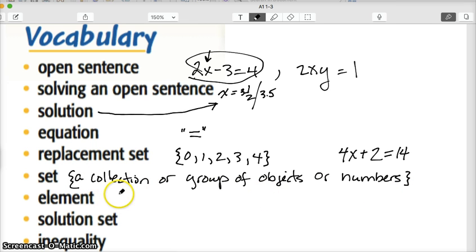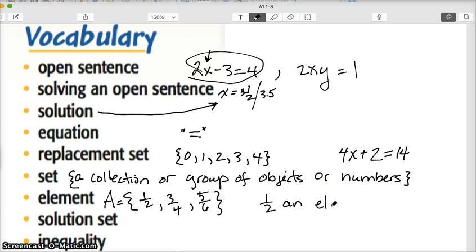Usually sets have a capital letter as their name, so I'm going to call this set A. Let's say set A is the set of numbers 1/2, 3/4, and 5/6. One element of the set would be 1/2. So 1/2 would be considered an element of set A.